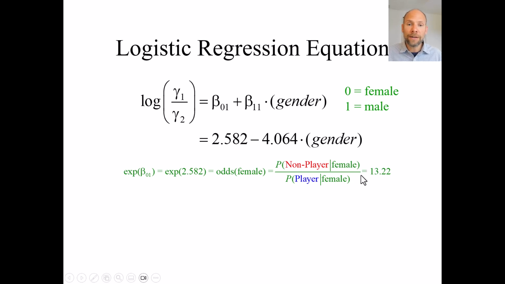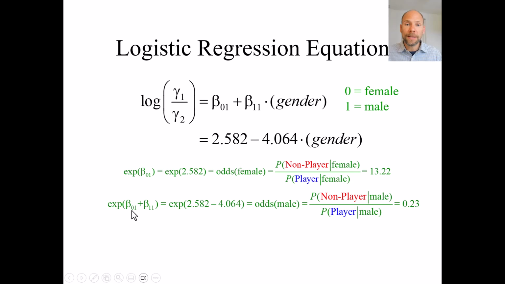In order to get the odds for males, we have to exponentiate the sum of the intercept beta 01 and the slope beta 11. So beta 01, here's the intercept, plus beta 11, exponentiating that sum of coefficients gives us the odds in group male, and you can see the odds in group male of being non-player as compared to being player are 0.23.